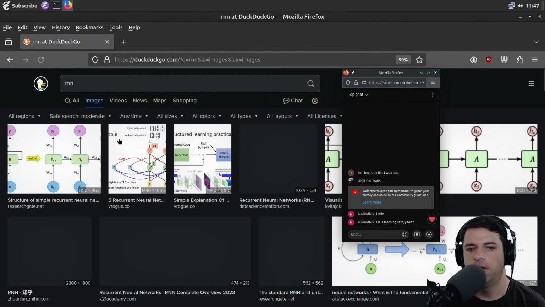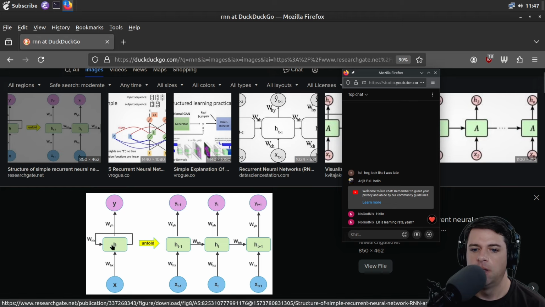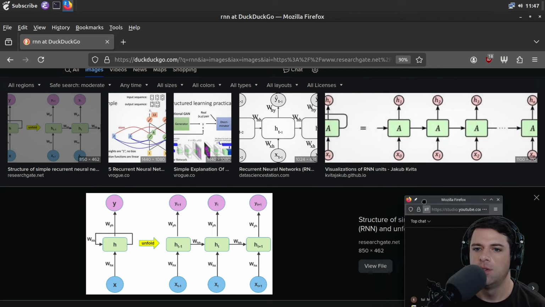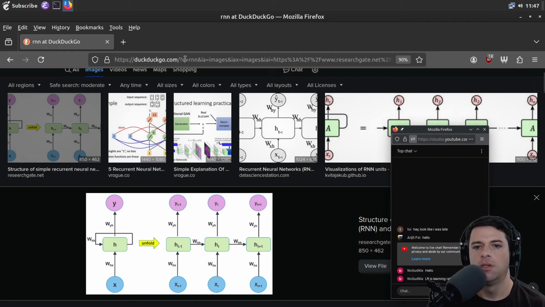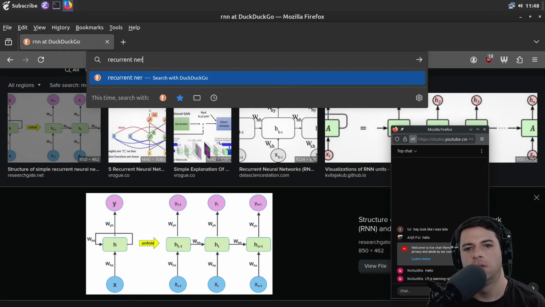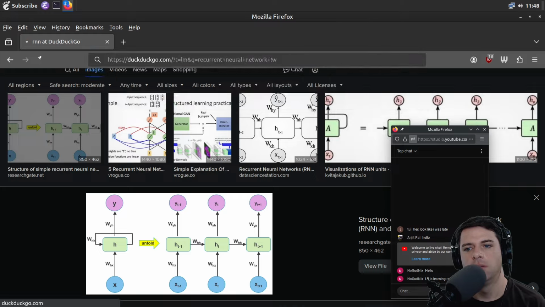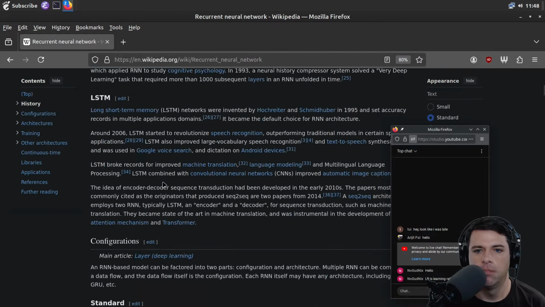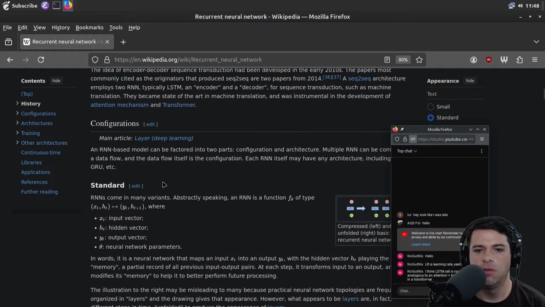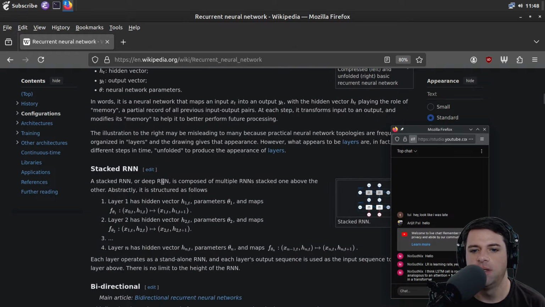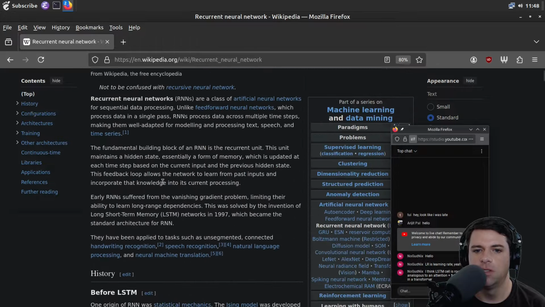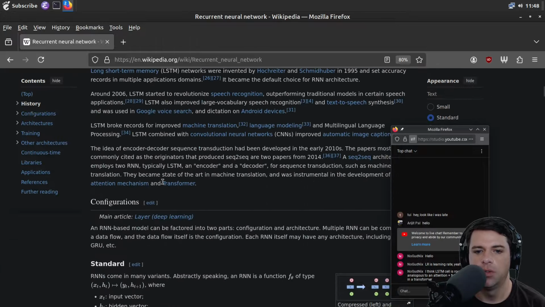Let's see if there's a diagram. Unfold. So there's before and after LSTM. Bidirectional. I just want equations.